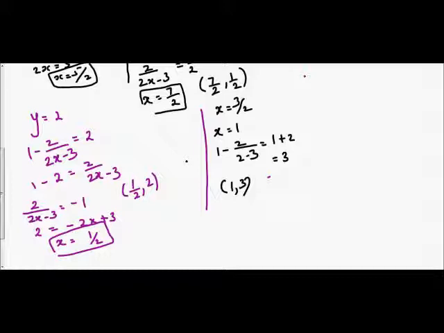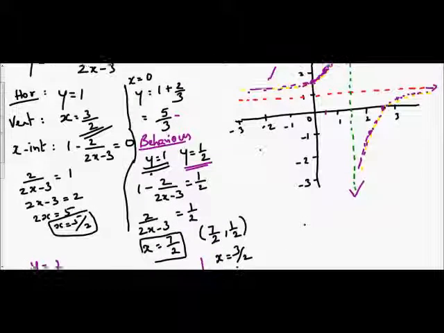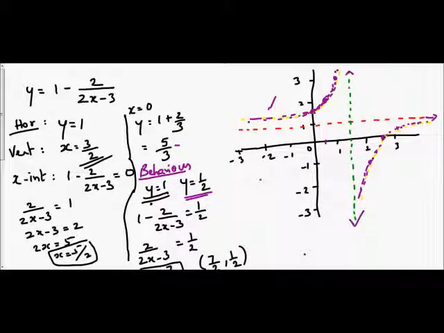So if you look into the curve, the point 1 comma 3 should be somewhere here. This is 1 and this is 3, so the point is here. We have already taken the curve through that point, therefore it's okay.